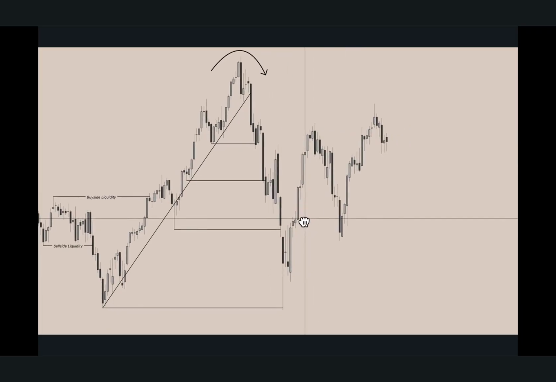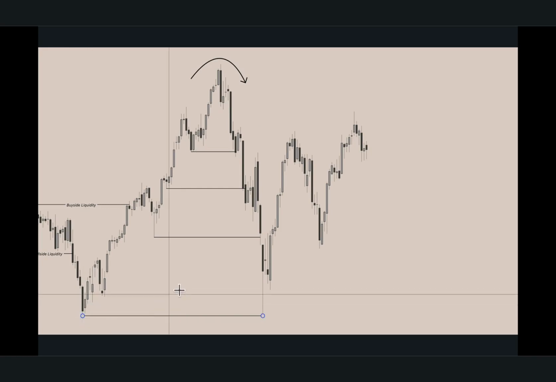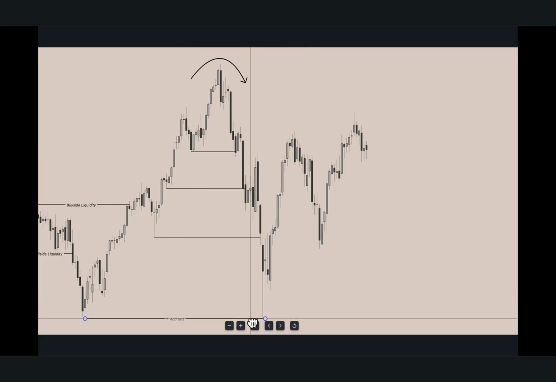And one thing I want you guys to note is that whenever a liquidity pool is taken out just by a few ticks or a few points or a few pips, depending on whatever you trade, let's just say a few dollars, if it's so close like this, how it just barely trades right below it, that to me does not count as a purge of liquidity.